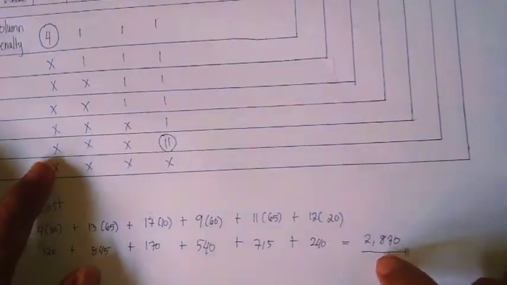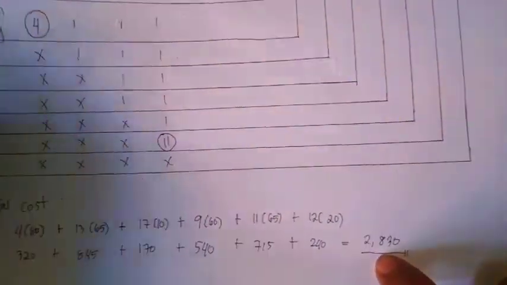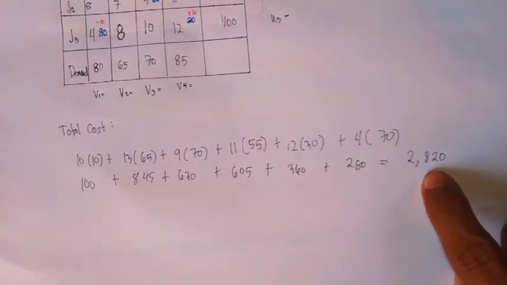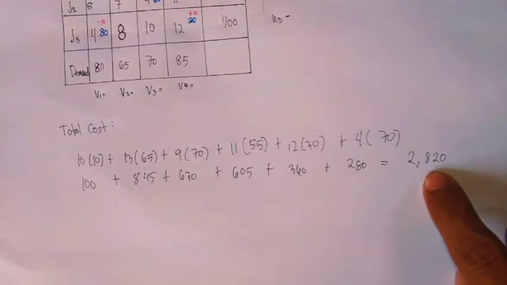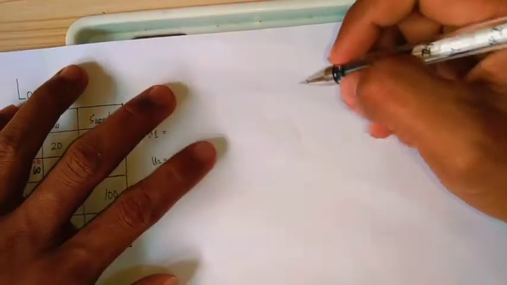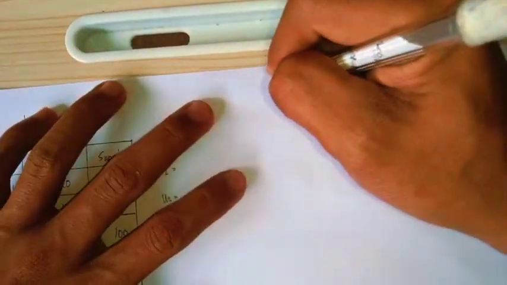Compared to our previous total cost, our total cost has now reduced by 10. Next we are going to evaluate the used rows and unused rows.